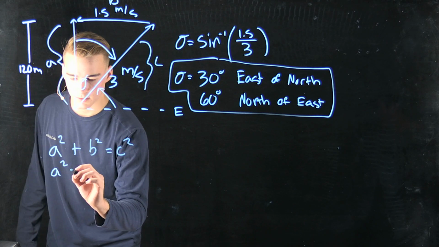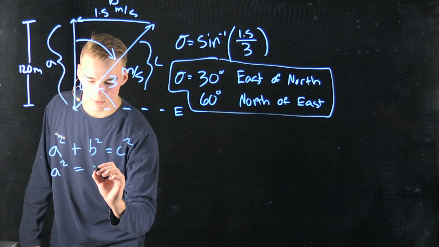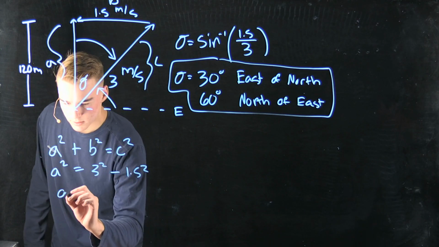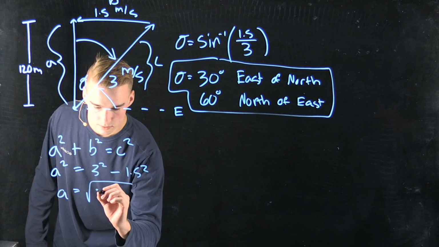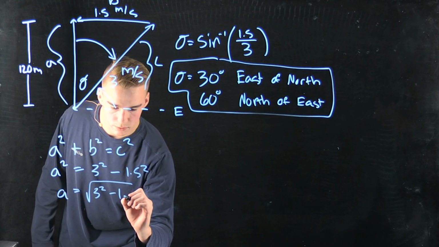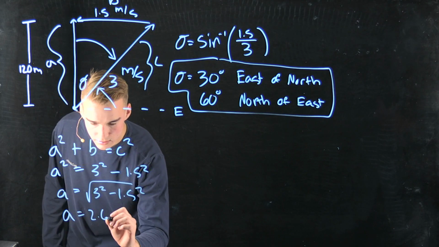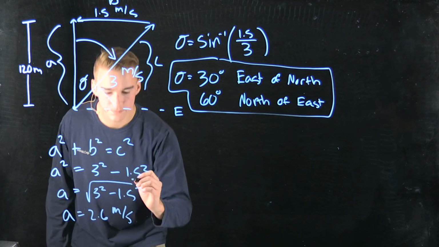A squared equals 3 squared minus 1.5 squared. So a is equal to the square root of 3 squared minus 1.5 squared. You should get about 2.6 meters per second.